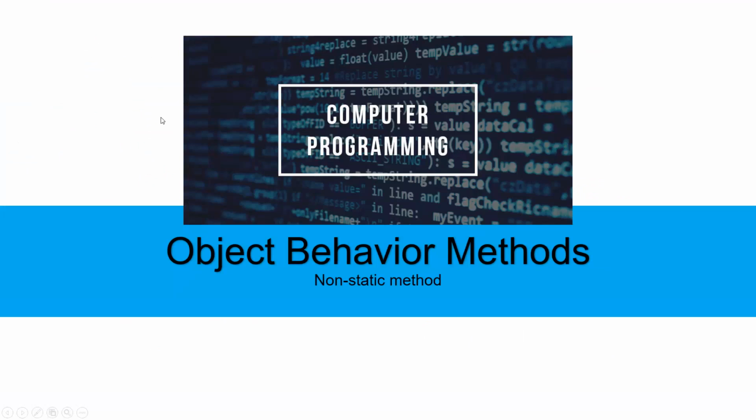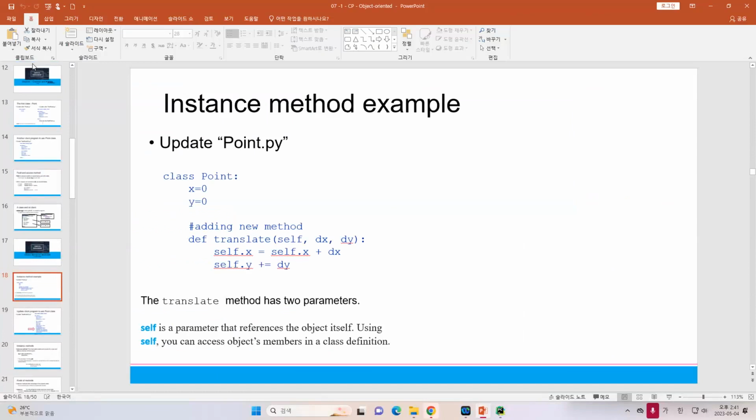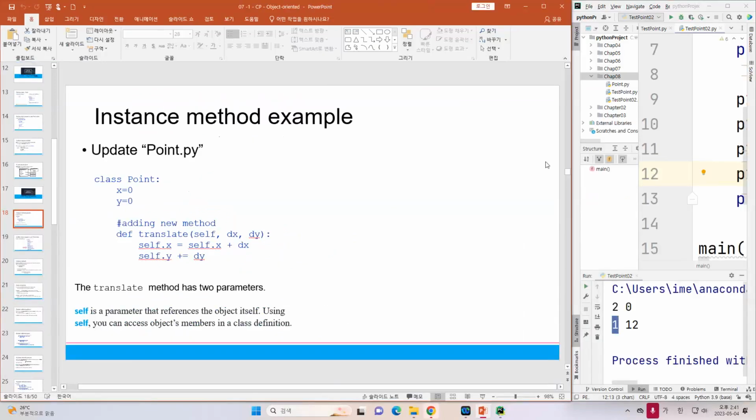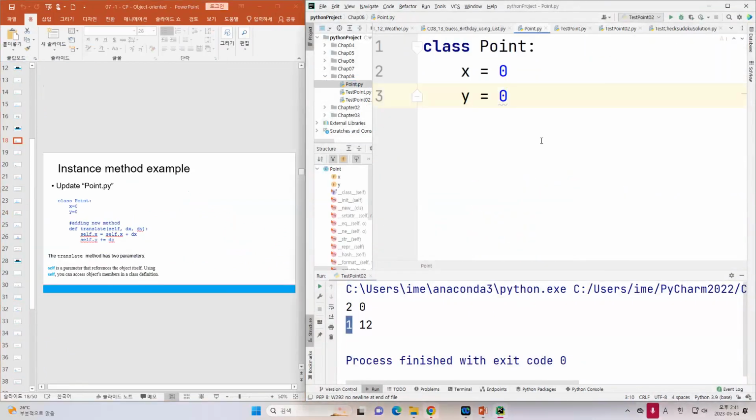We can have the object behavior. The object behavior means the function. Let's update the point.py. So I will open the point.py. We have class point, and then we define the data members or fields.